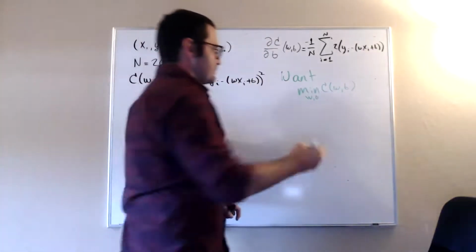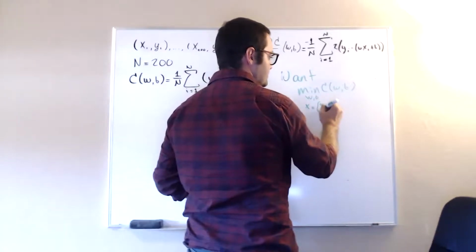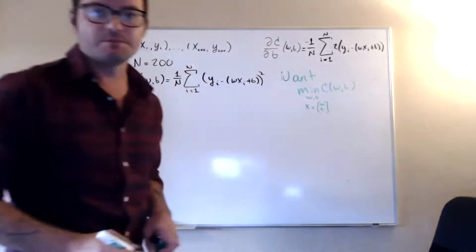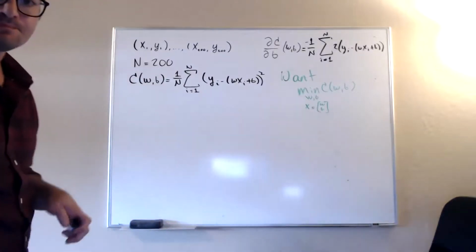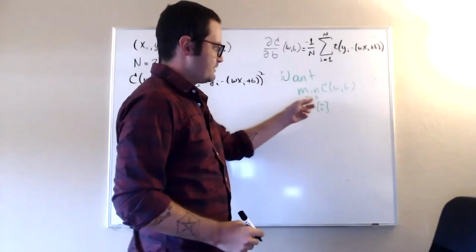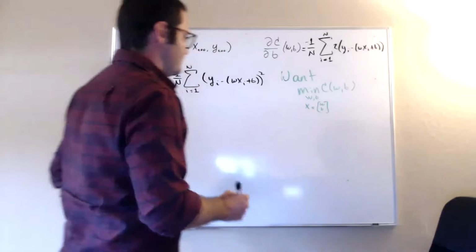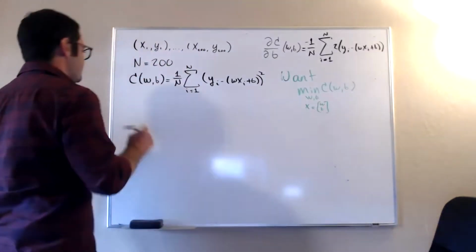Before I had an x, but you can think of x as the two-dimensional vector with w and b in them. Having two scalars is the same thing as thinking about a function of a two-dimensional vector input.